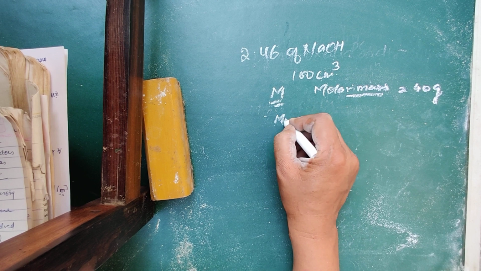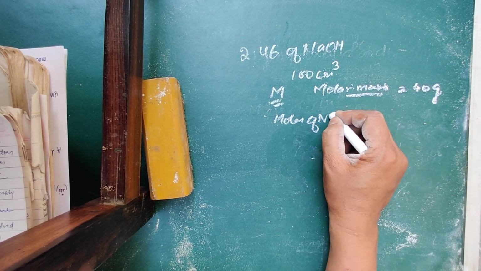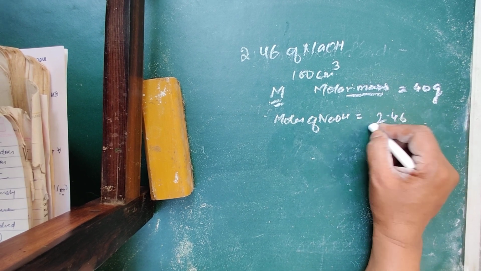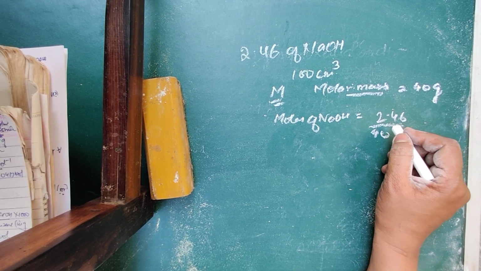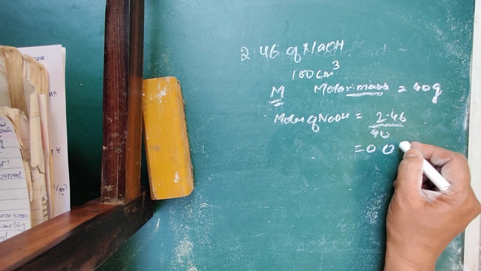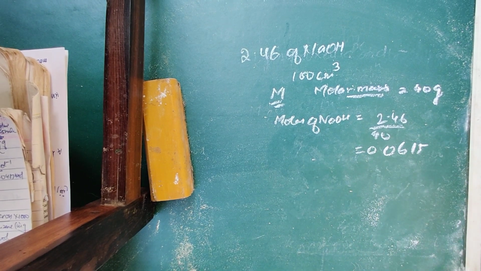So first, moles of NaOH. Mass of NaOH given 2.46 divided by 40. It comes to be 0.0615 mole.